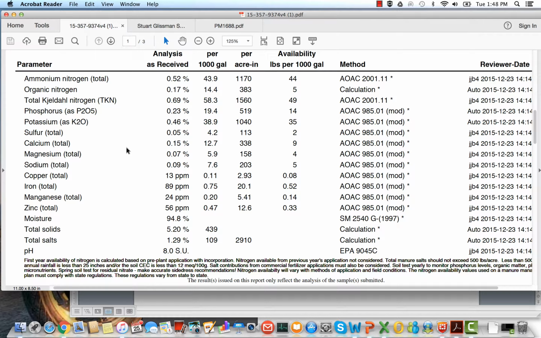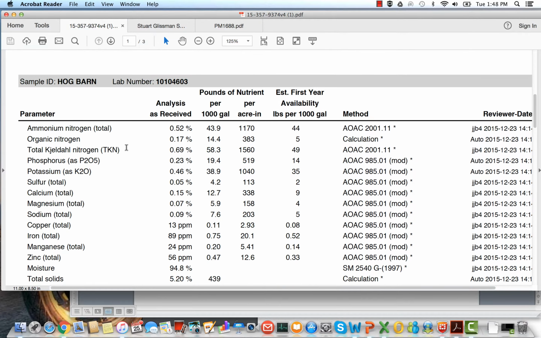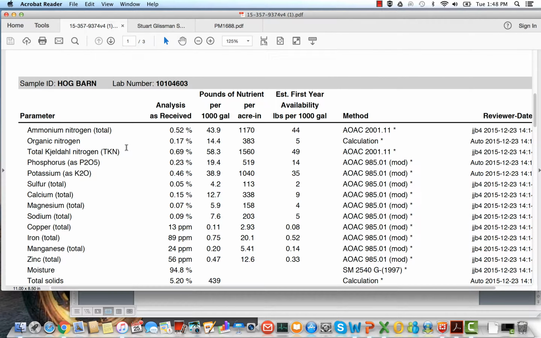So we can see here we've got a couple of different ways of looking at the sample. We've got analysis as received over here in this first column over to the left, and then we've got pounds of nutrient per 1,000 gallon.